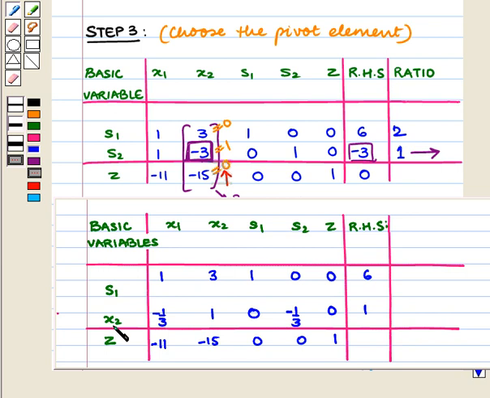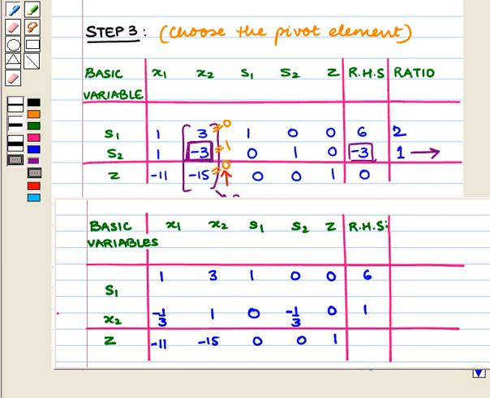Here x2 has entered the basis and we have divided the pivot row by minus 3. We get minus 1 by 3, 1, 0, minus 1 by 3, 0 and 1.